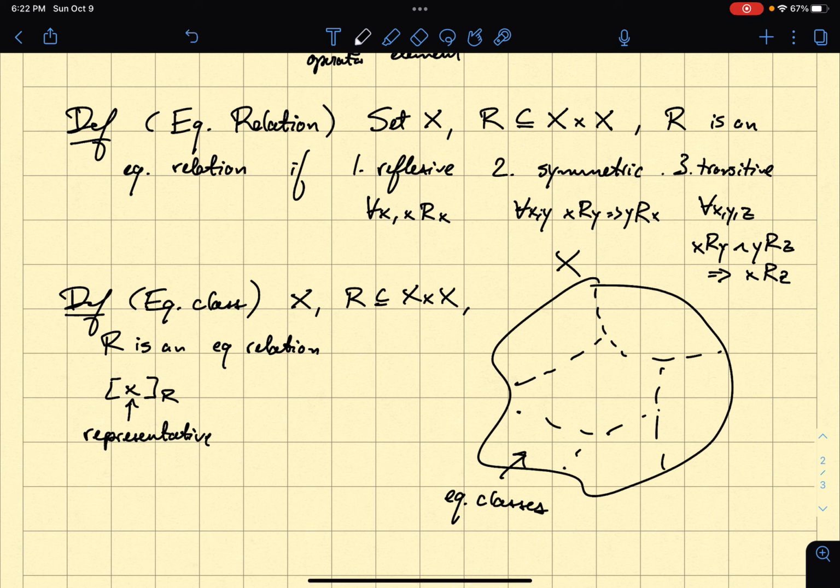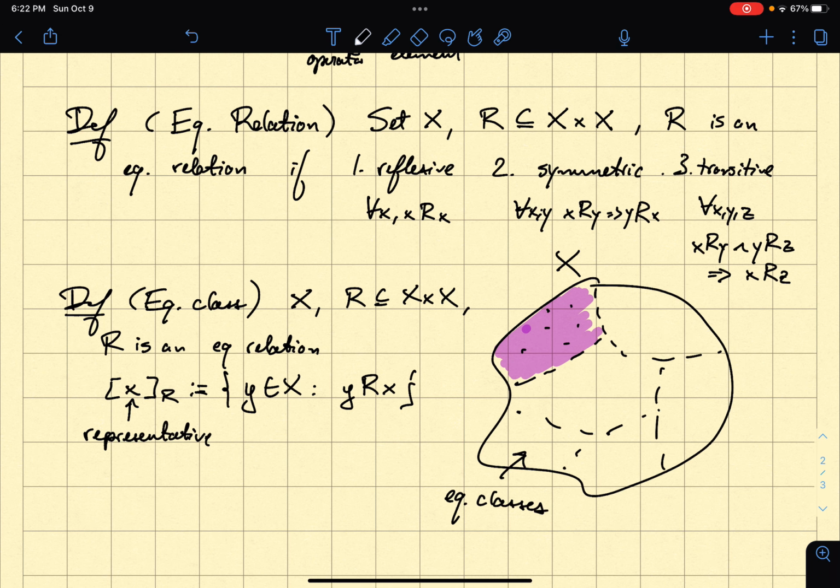And then I'll use subscript R just to make clear that it's for the relation R. And this is actually just a set of elements in X for which these elements are all related to x and essentially to each other, right? So you could think of, let's say, this as an equivalence class, because all of these elements in here are related to each other, right?